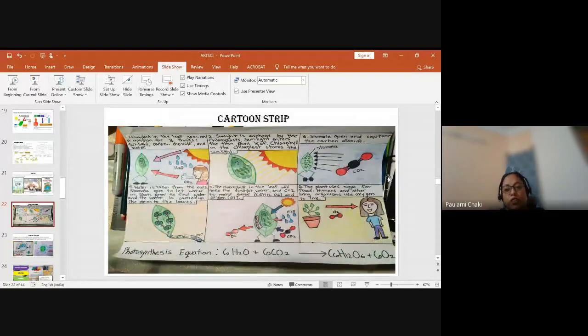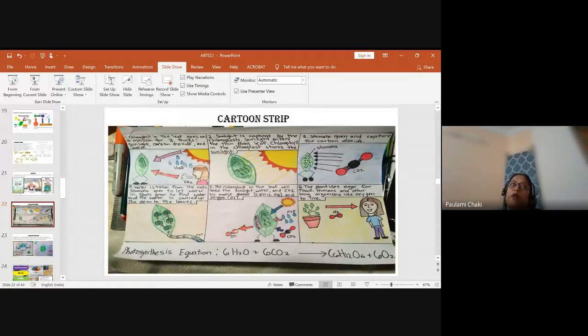Then comes the cartoon strip. This is one very good way. Many a time we do cartoons, and children also love to watch cartoons. So why can't we introduce this as a form of art to teach our concepts? Here is one cartoon strip on photosynthesis.